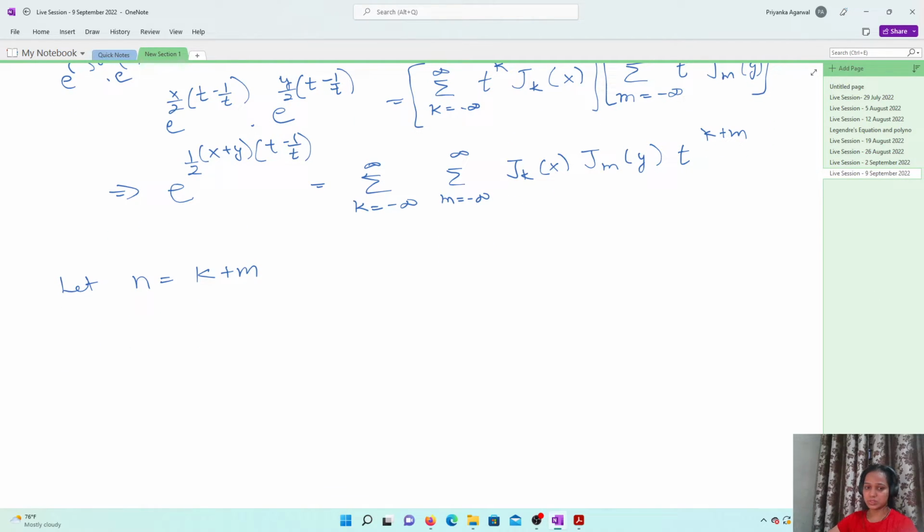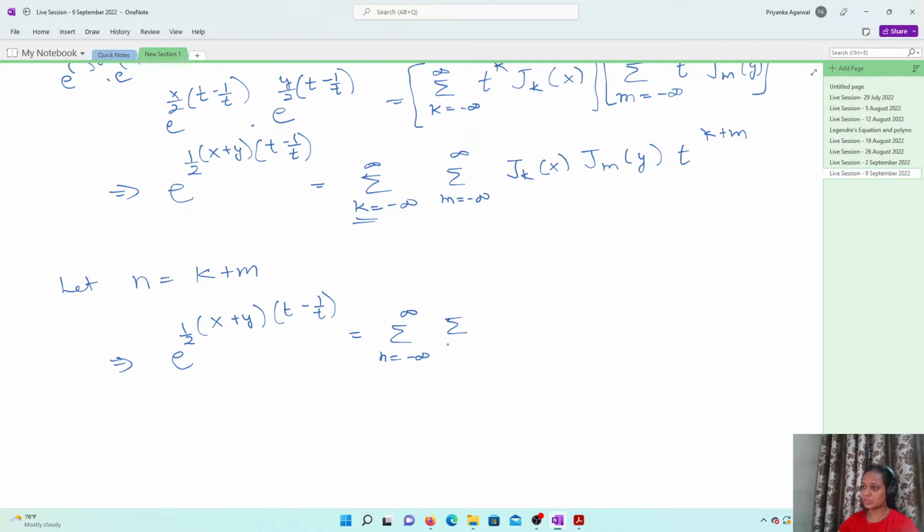Okay, just write n equals k plus n. Then what you will get is e to the power x plus y by 2 into t minus 1 by t equals summation n equals minus infinity to infinity. Now we have to replace k everywhere with n.